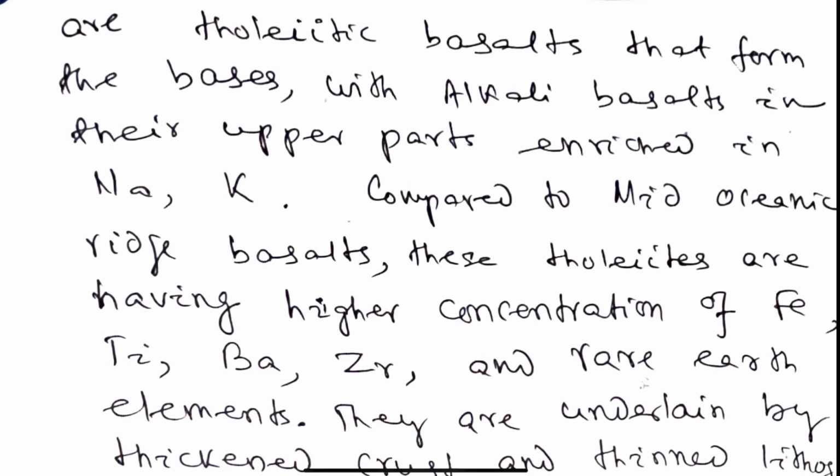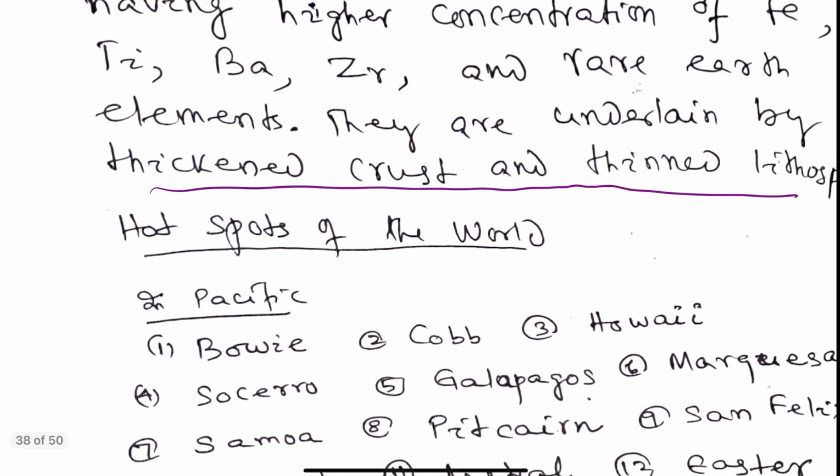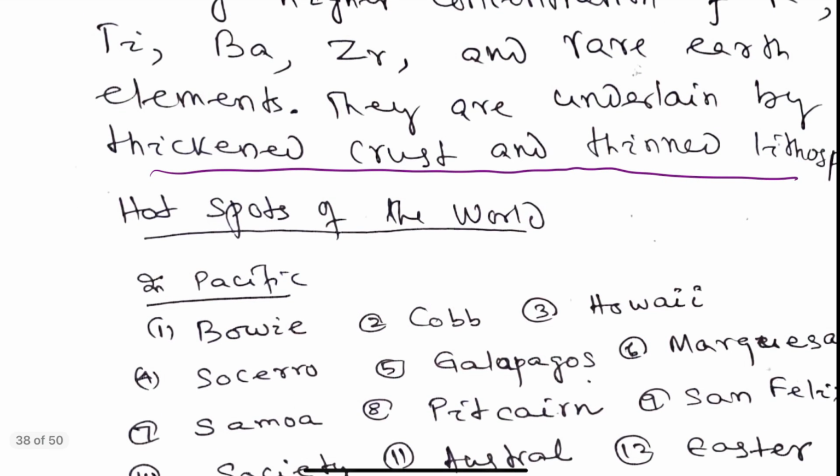Some are located in the Atlantic Ocean. So major volcanoes are seen in the Pacific, and they are related to the hotspots. Hotspots are nothing but the superficial expression of the mantle plumes, and mantle plumes originate from the core-mantle boundary.